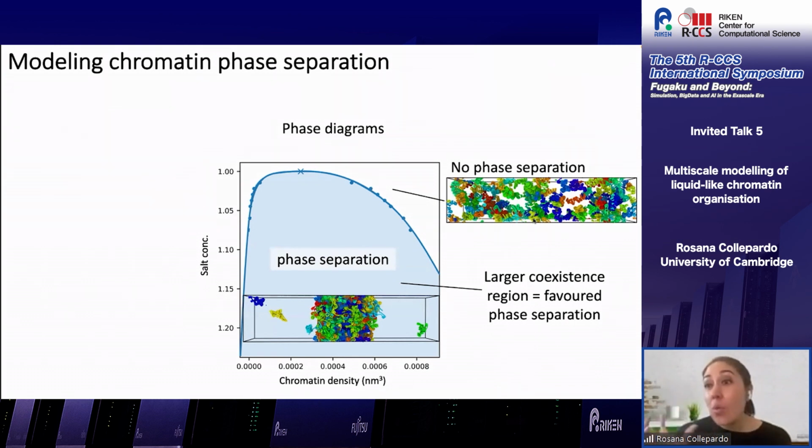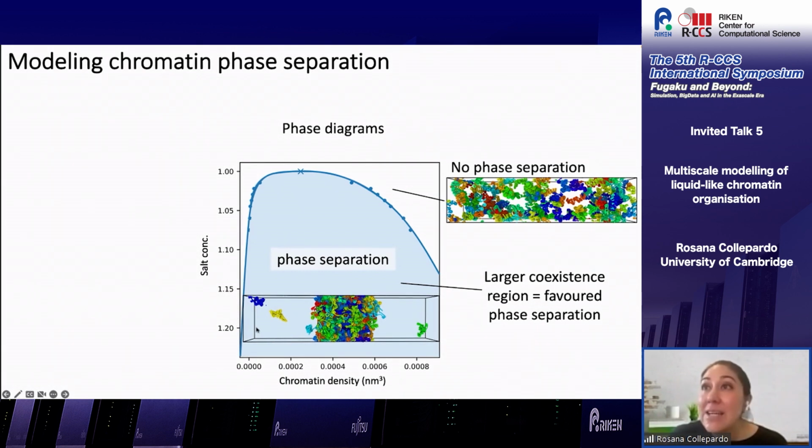And one of the key quantities that you can measure in phase separation is the phase diagram. So this is a plot that I'm showing you here. In this particular case, it is the space of inverse salt concentration, so it goes from high salt at the bottom to low salt at the top, versus chromatin density.